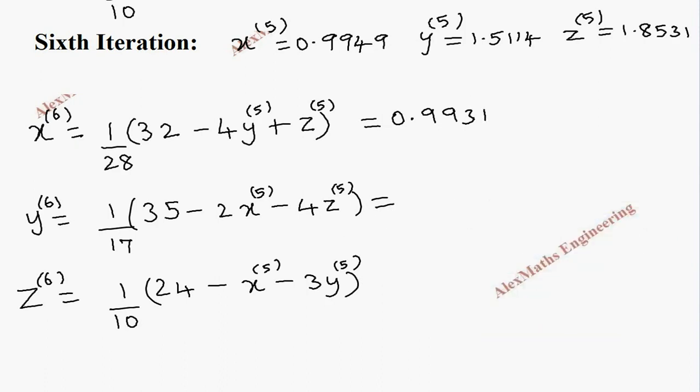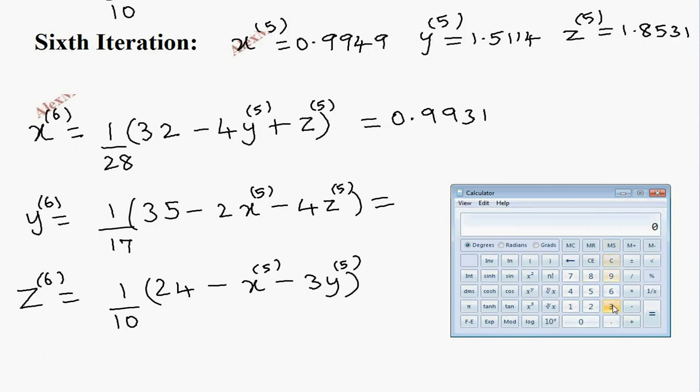Coming to y of 6, again take calculator, 35 minus 2 into x of 5, 0.9949, minus 4 into z of 5, which is 1.8531.